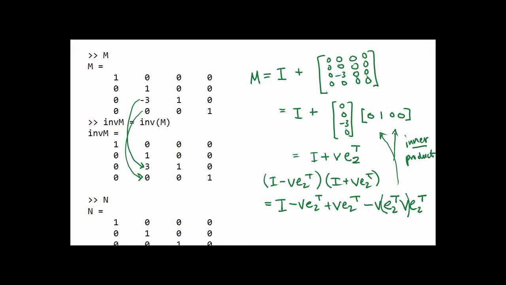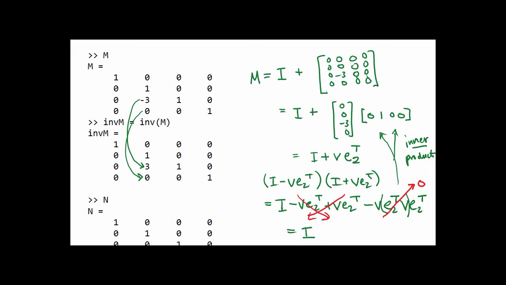The inner product of e2 with V is just 0 times 0 plus 1 times 0 plus 0 times negative 3 plus 0 times 0. In other words, it's just completely 0. And of course, these 2 terms cancel each other out, and so the whole thing is just equal to the identity.